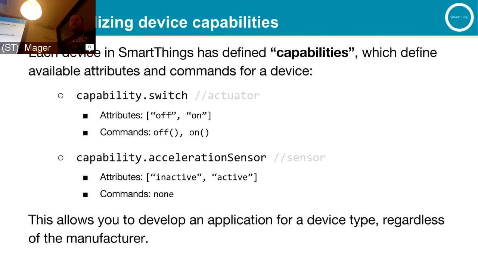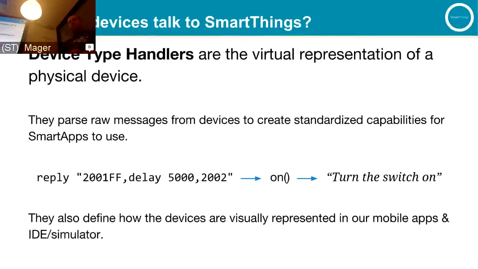So device type handlers are something else we wanted to touch on. We have one of our engineers here, Vinay, who writes device type handlers. I think he's probably in that other room. But yeah, we'll just touch on this briefly. And there'll be another workshop sometime in the future for device type handlers. It's kind of advanced. But they parse the raw messages from the device, and they create standardized capabilities for SmartApps, which we'll dig into.